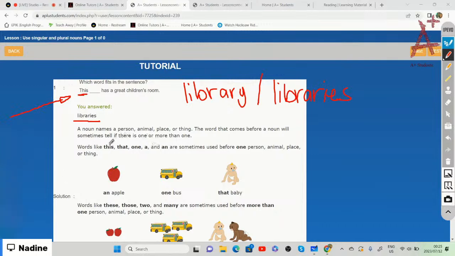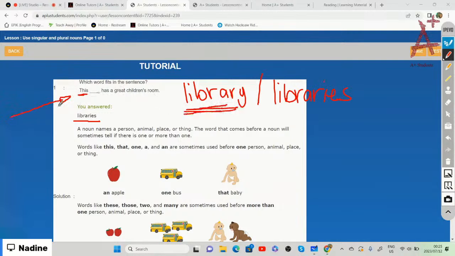This will either indicate that there is one thing, or it is singular, or it can tell us that there is more than one. So this in front of the noun tells us that we are only referring to one, which means that we are only going to say library.